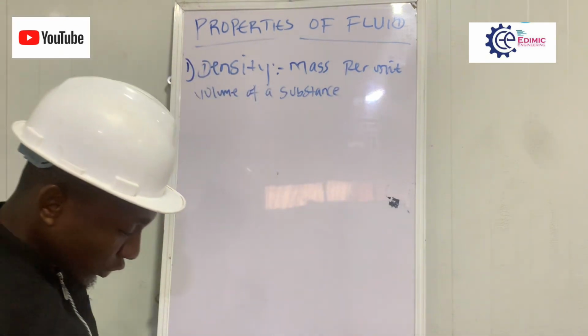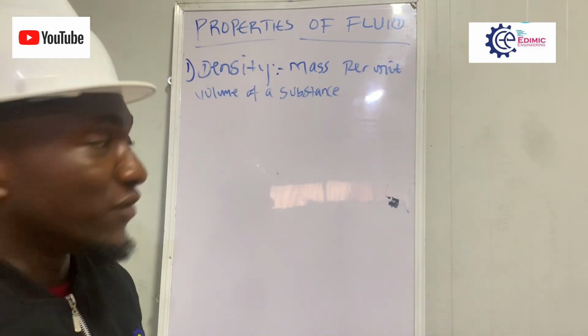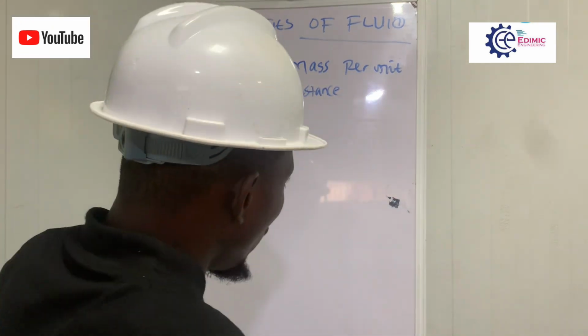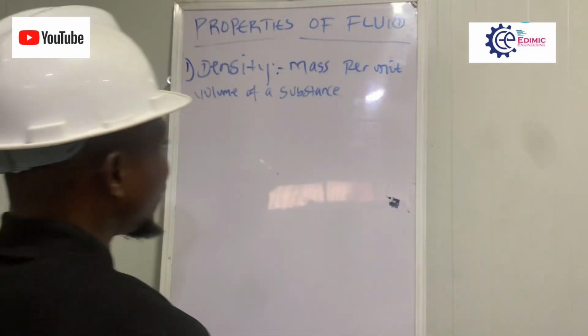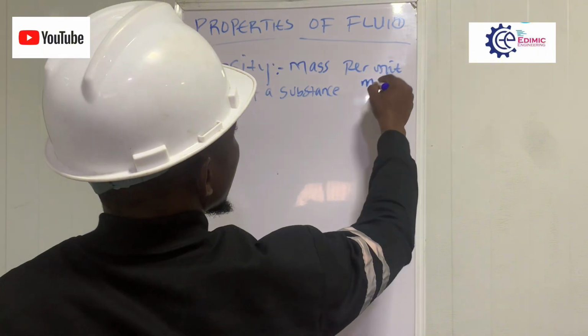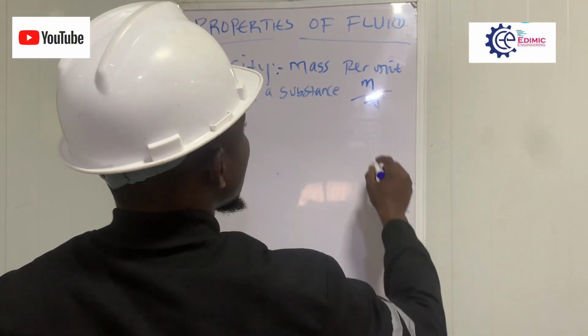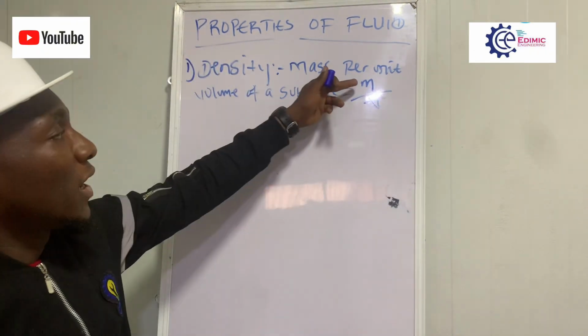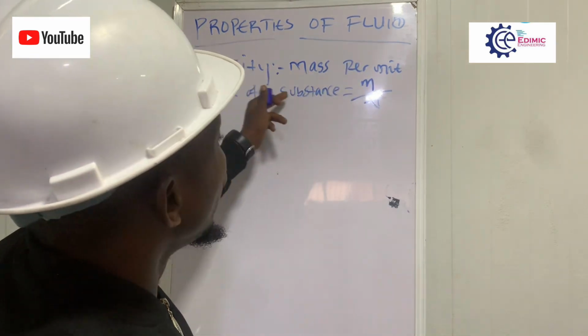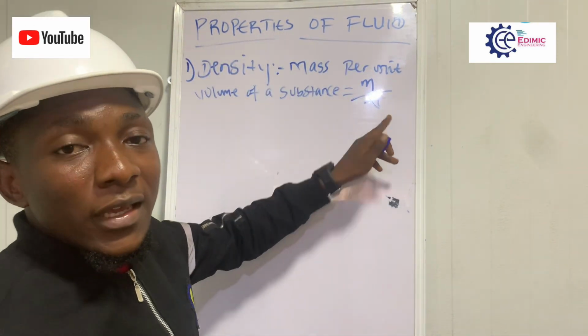So this is what density means, the mass per unit volume of a substance, which is denoted as mass all over volume.